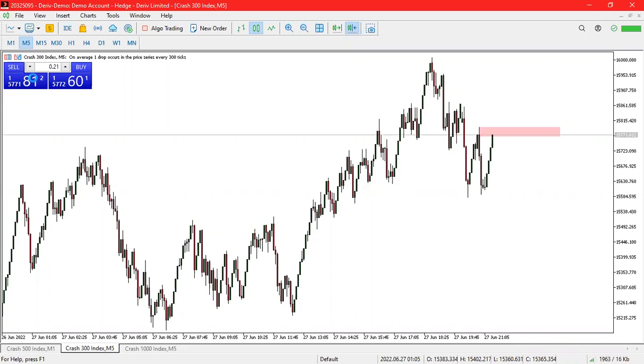This is the bearish market structure that is building on the 5 minutes time frame. So now we're still hoping for Crash 500 to go down. So let's just continue waiting and holding.